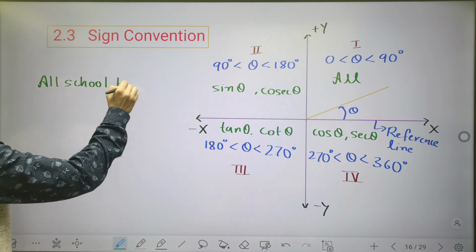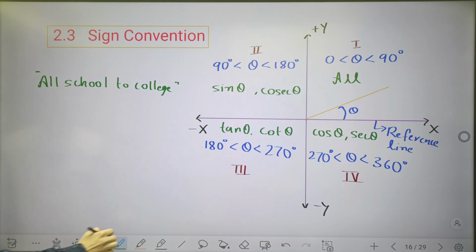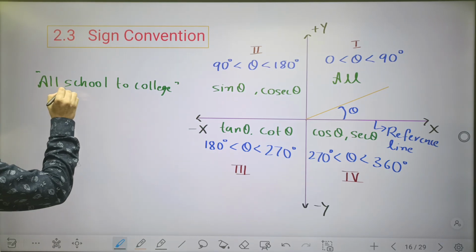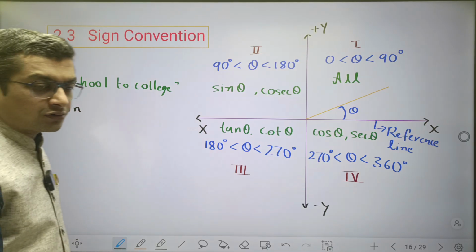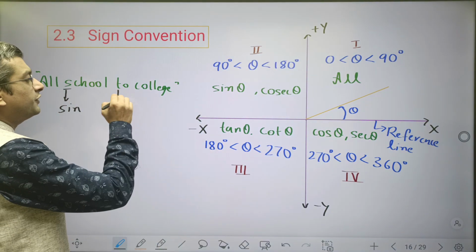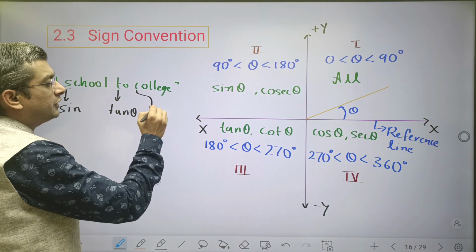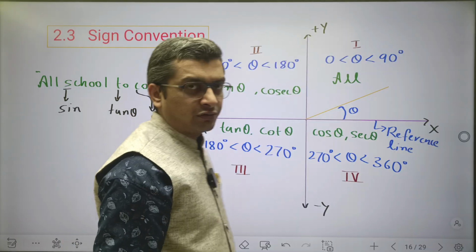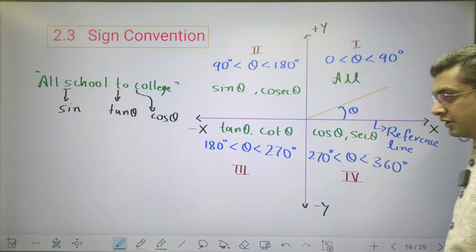It means in the first quadrant, all trigonometric ratios are positive. In the second quadrant, S for sine and its inverse, sine and cosec, are positive. In the third quadrant, tan and cot are positive. And in the fourth quadrant, C for cos and sec are positive. So in this way, you can learn these values, isn't it?